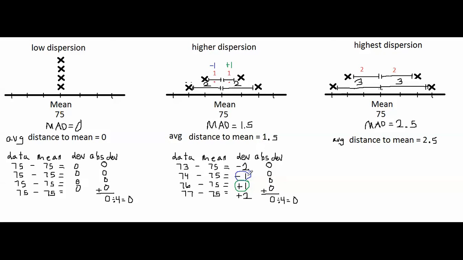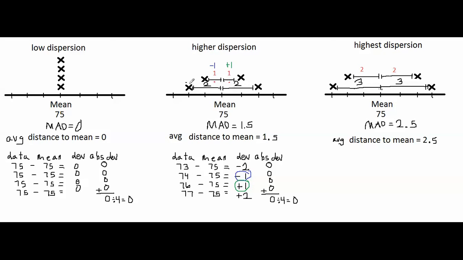So all a deviation shows is how far a person is below the mean or how far a person is above the mean. If a person has a deviation of -1, they're 1 below the mean. If a person has a deviation of +1, they're 1 above the mean.